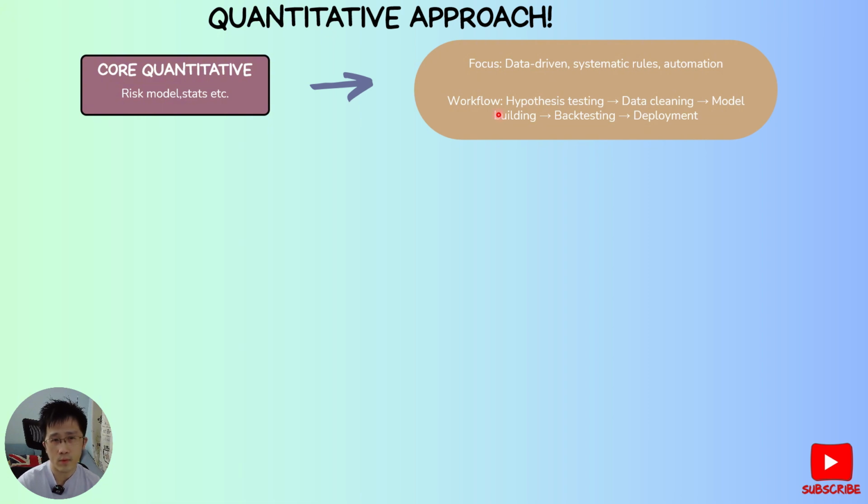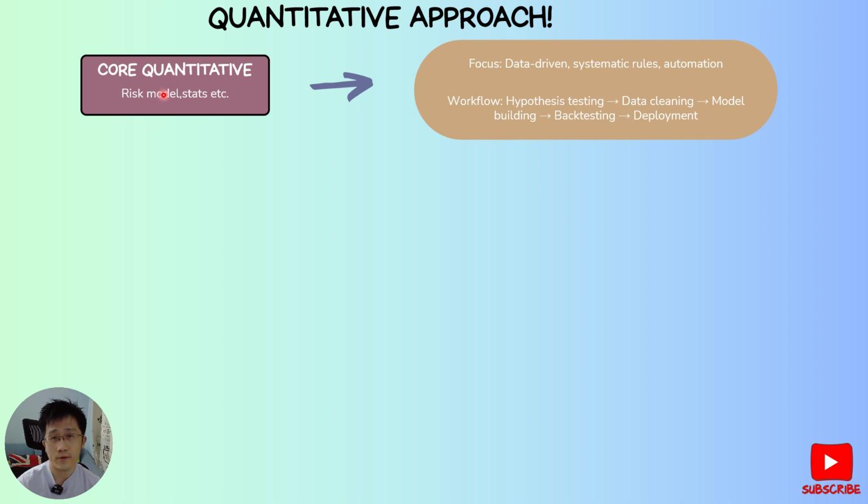In terms of the workflow, they need a hypothesis to test, and then of course data cleaning. Be it core quantitative or machine learning, the data cleaning part is a very important part of the whole process, because if you have garbage in, you will get garbage out.